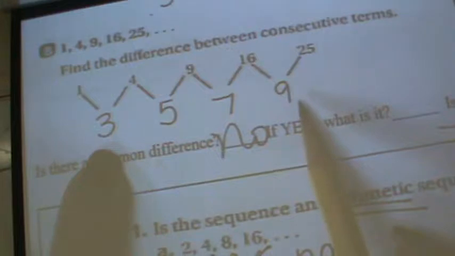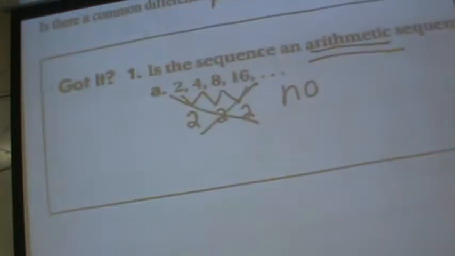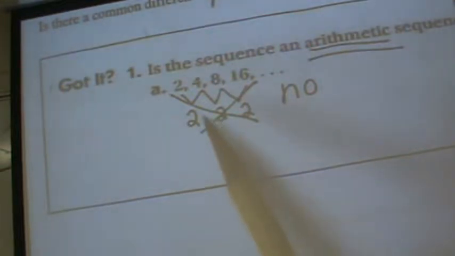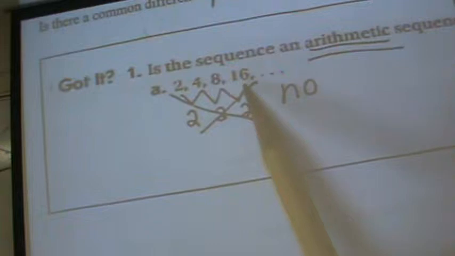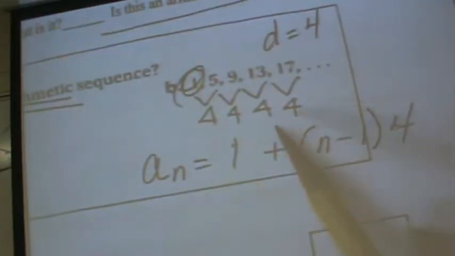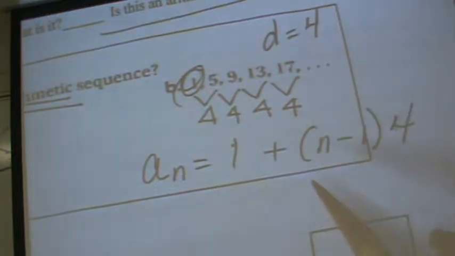Why was B not? Because we were not consistent with our first difference. And then we did this one. This was not arithmetic because we were adding 2, then adding 4, then adding 8. But this one was. We were adding 4, adding 4, adding 4, adding 4.